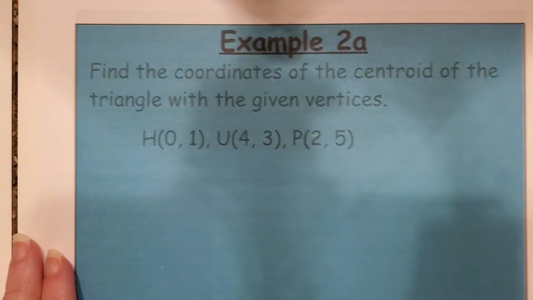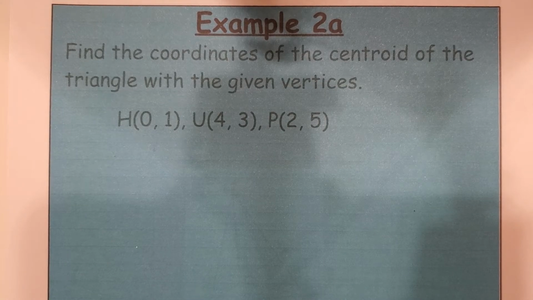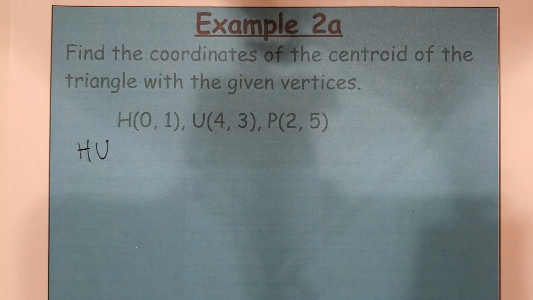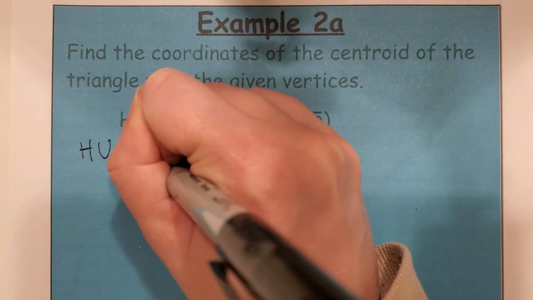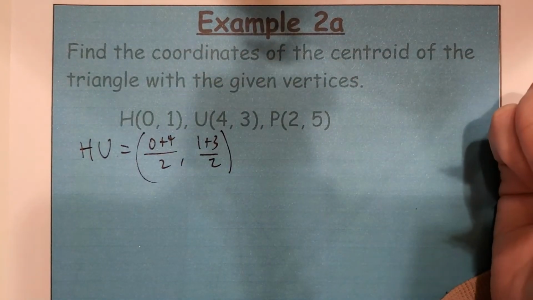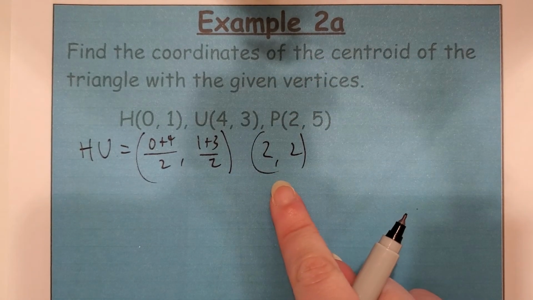Okay, so if we're finding a centroid again, we're looking for the midpoint of HU. So that's 0 plus 4 over 2, 1 plus 3 over 2. So that's 2, 2. That's your midpoint.